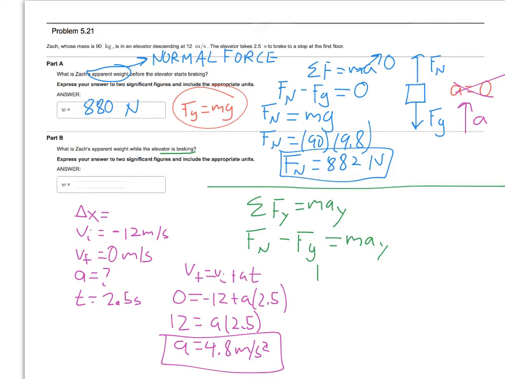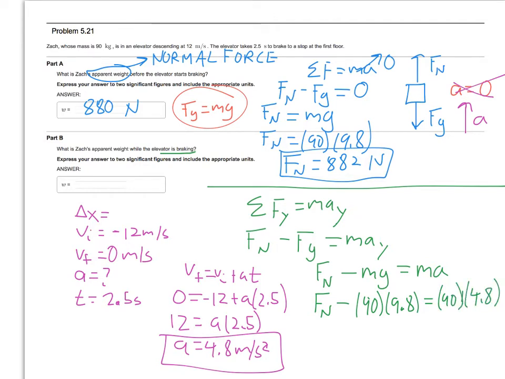So I'm going to go ahead now and start work with my F equals ma equation. So I have Fn minus mg equals ma. I can fill in the values here that I know, so it's going to be Fn minus 90, which is my mass, times 9.8, equal to 90 times my acceleration, which is 4.8.